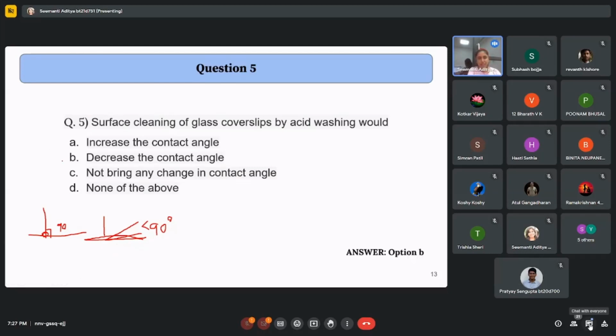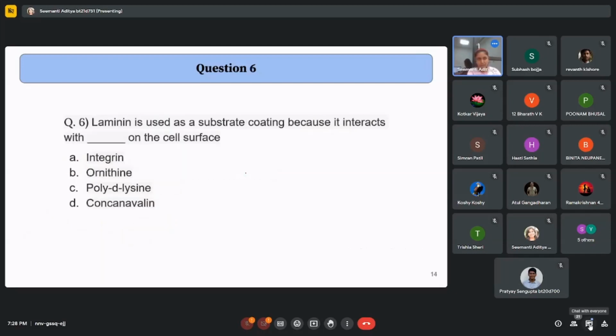It will decrease the contact angle because it will allow more ECM to be spread on the surface. So the angle will decrease from 90° to less than 90°. So the correct option is not A or D, it's B actually. Now next question.